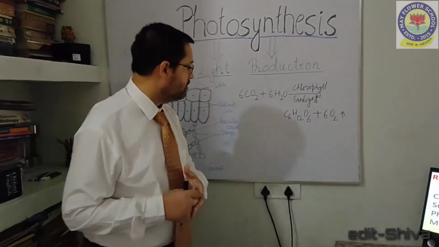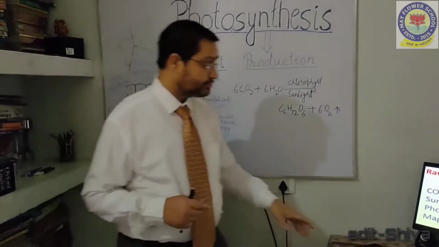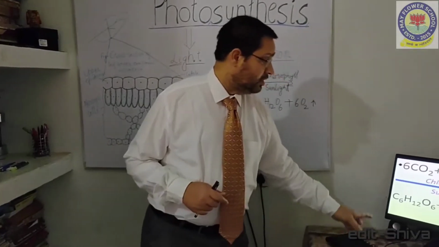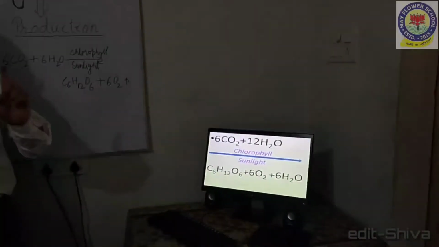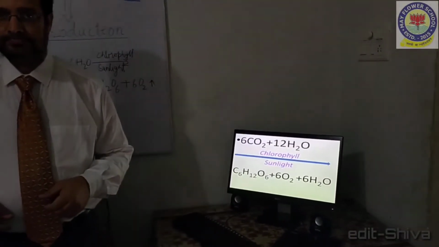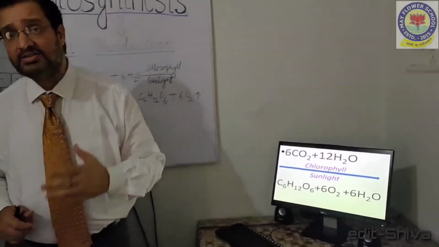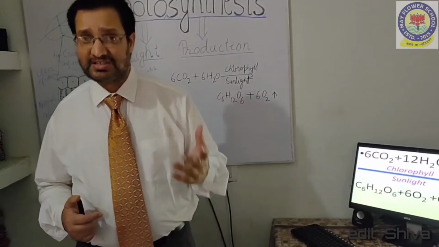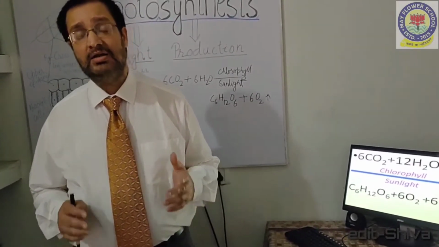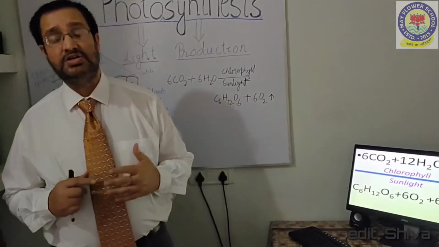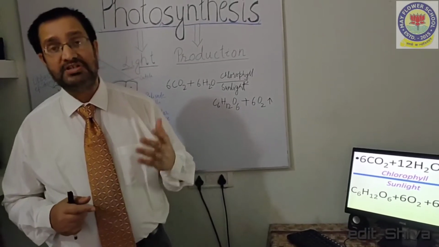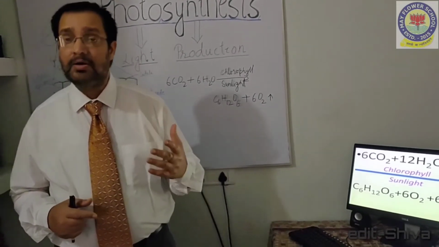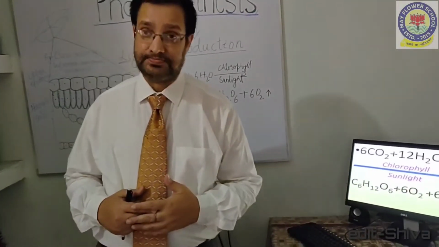This glucose molecule is the simplest form of carbohydrate, which turns into complex carbohydrate, that is starch, and starch is stored in the form of reserve food in the different parts of the plants.